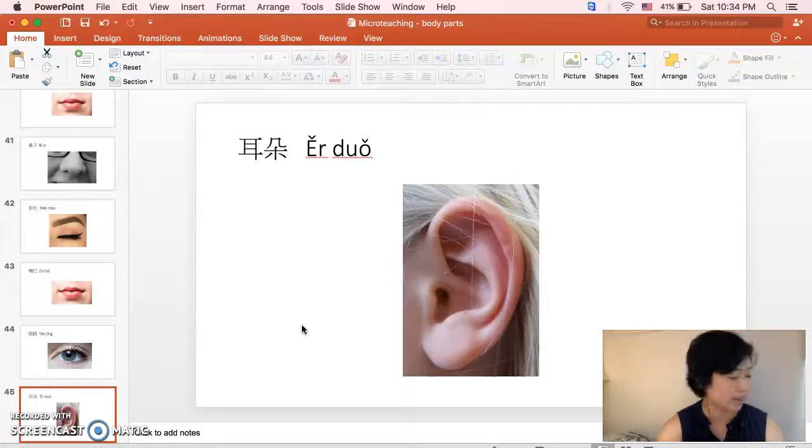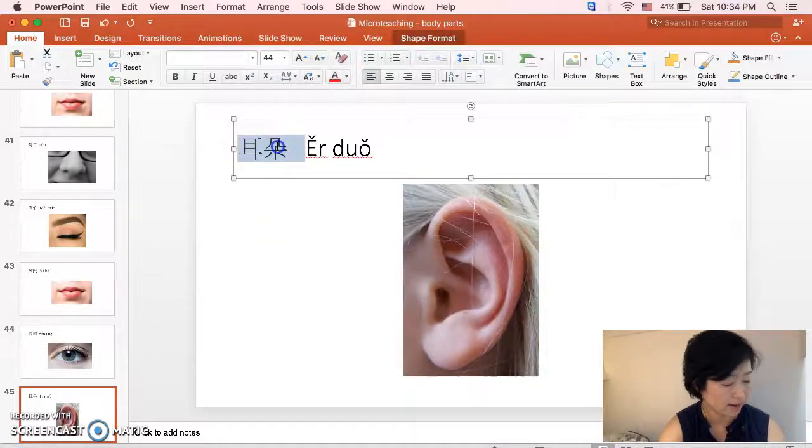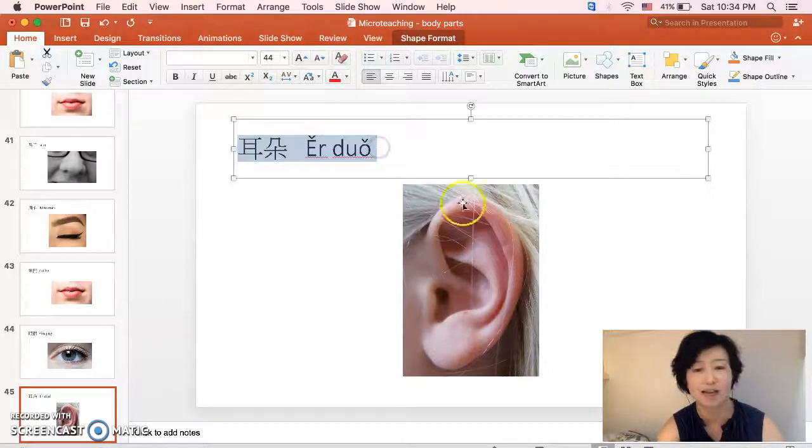For peer feedback, I got a feedback saying to point out the characters while teaching, which I did not. I ignored the characters, unfortunately. I was mostly focusing on the picture itself and then pointing to the body part.